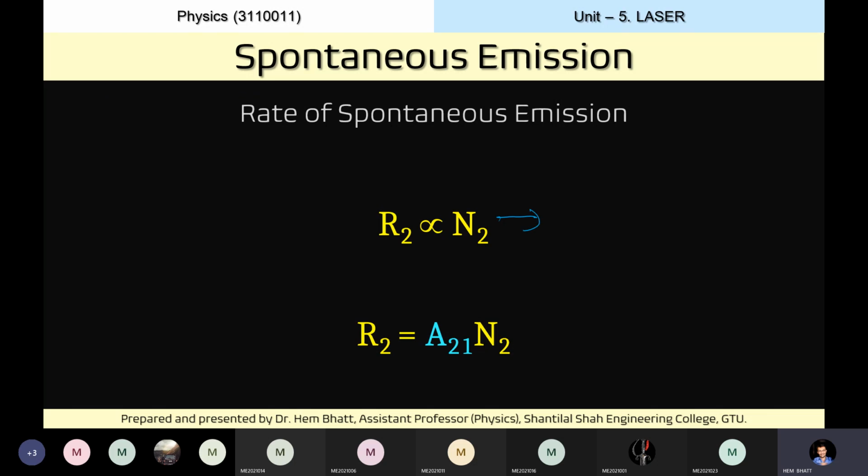What is N2? Number of electrons or number of atoms in the excited state.